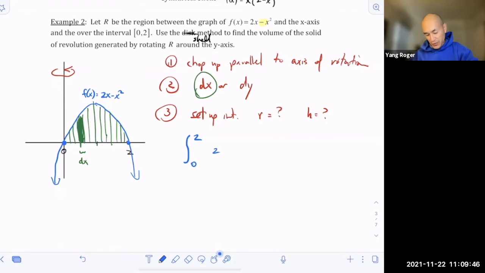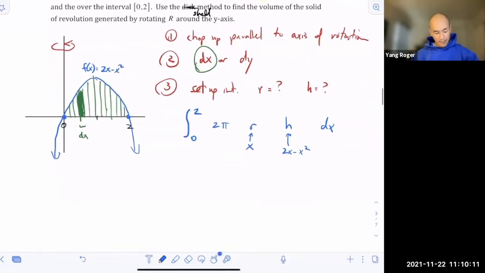In general, it's 2 pi rh. My r in this case is just those x values. My h is going to be the height of my function, 2x minus x squared. And we already decided it was dx. We put a dx at the end there.